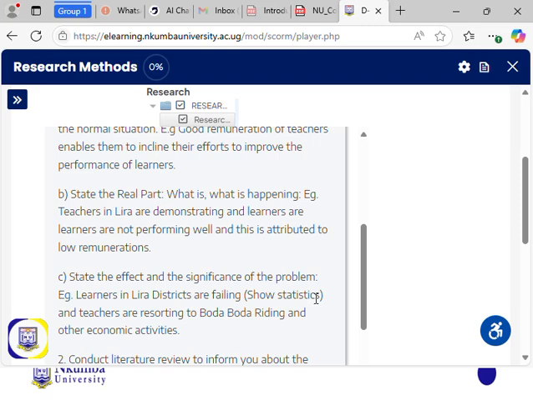Maybe 2% of the learners are passing at a high grade, maybe grade 1, or no learner actually. Then say, this could be because the teachers here are not remunerated, because now even the performance of learners is deteriorating and the teachers are resorting to boda boda riding and other economic activities. Also tell us who has researched and has drawn the conclusion that teachers are on boda boda, not rumors.